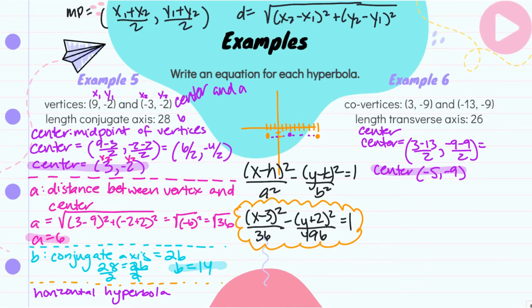The next thing that we can do is we are given the length of the transverse axis, which will give us A. So A is the transverse axis, and that's actually 2A. So if the transverse axis is 26, can divide both sides by 2, and A is going to be 13. Now we find B by finding the distance between the center and a covertex.